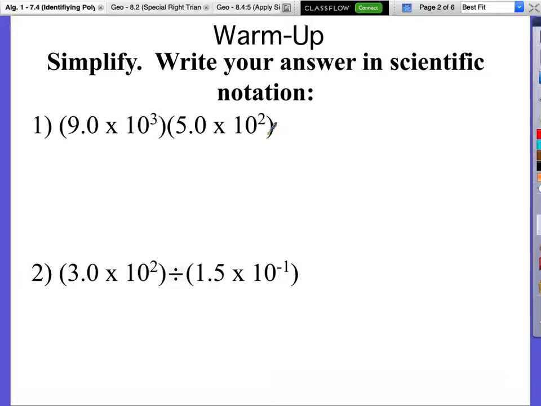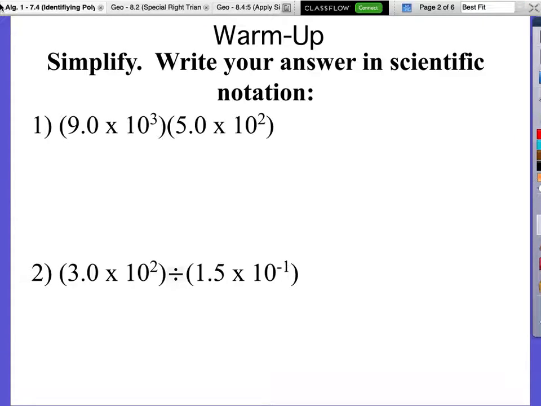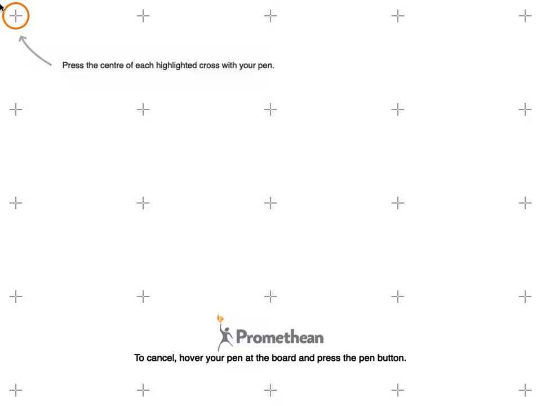Okay, so on 7.4. Wait, I need to get my notes out. Gotta play the calibration game here. Oh my god, that was so bad. What? You sound like an animal.